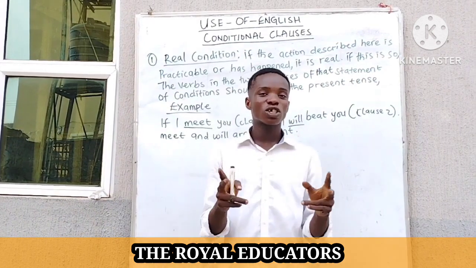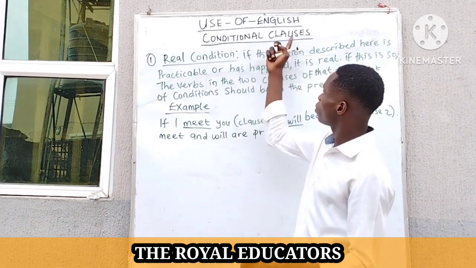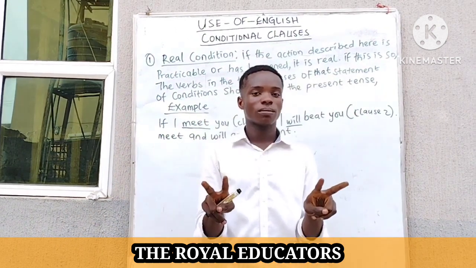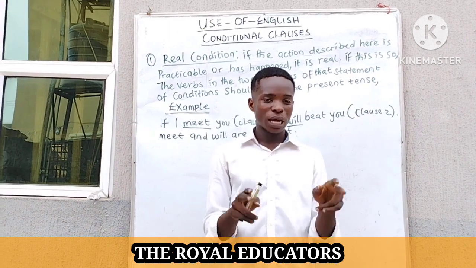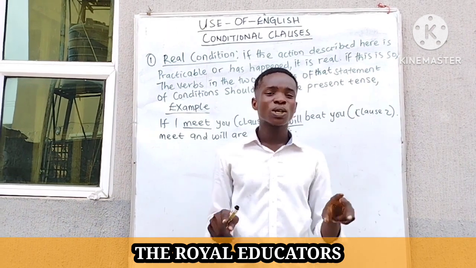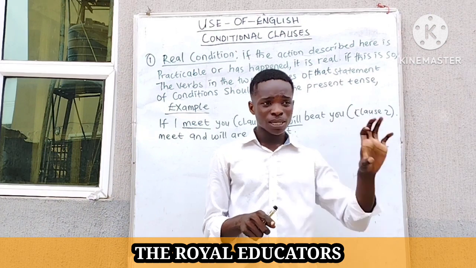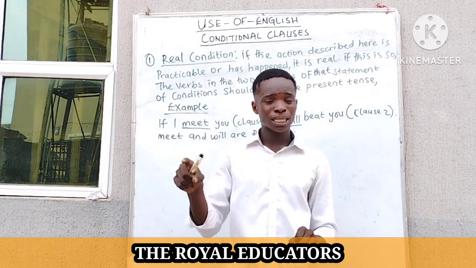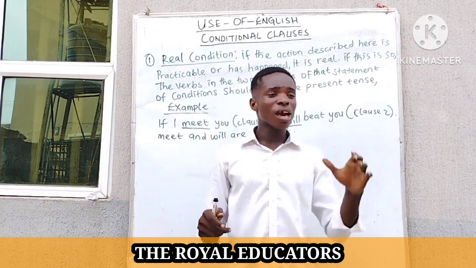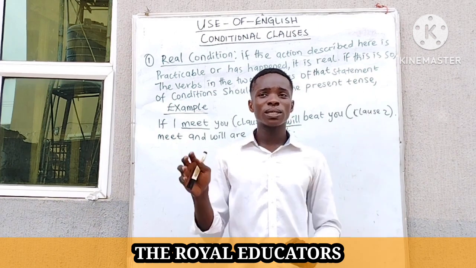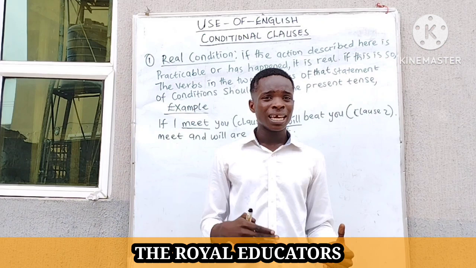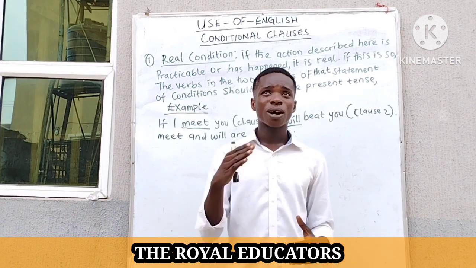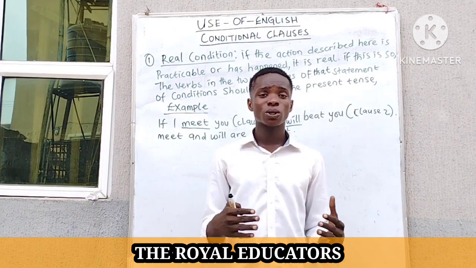Remember, conditional clauses, in plural, means two clauses. So for the condition to be real, we need a present tense in the first clause and a present tense in the second clause. It means what is being described is likely to happen or can happen.